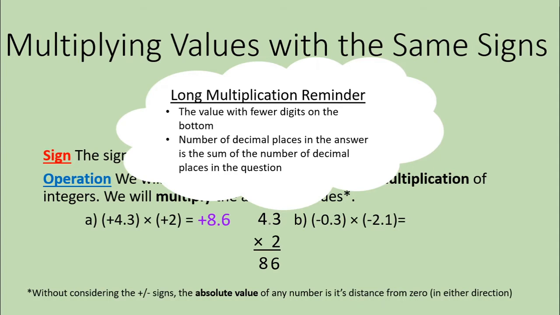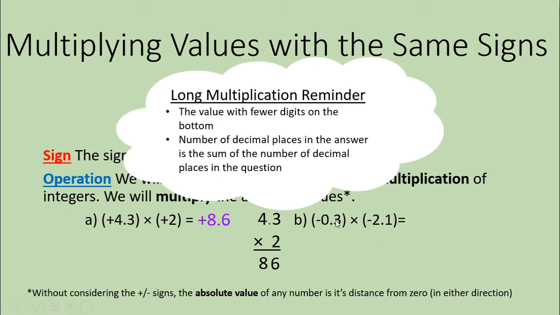For question B, I'm multiplying a negative rational number by another negative rational number. Negative times negative will give me a positive answer. So I'm going to ignore the signs for now and just do the long multiplication. Again, setting up my long multiplication, I'll put the value with fewer digits on the bottom. And I know what you're thinking.